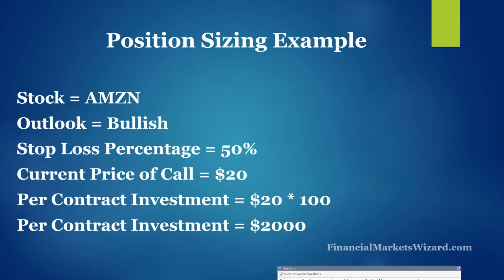Now, let me give you an example by taking a stock. Let's say the stock is Amazon. The outlook is bullish, right? And you say, okay, the stop loss percentage is 50%, which means that if you buy calls and you are wrong, based on your technical analysis, your option will be trading 50% less than what you bought it for.